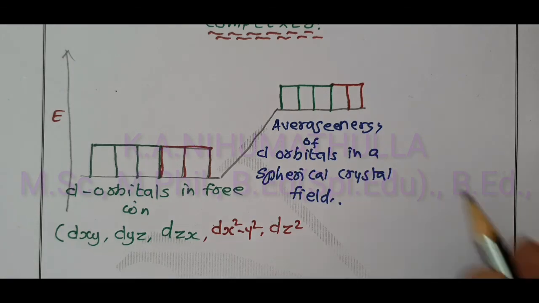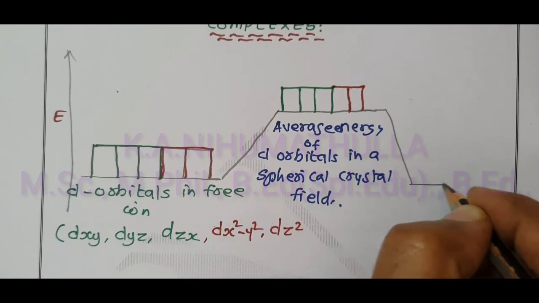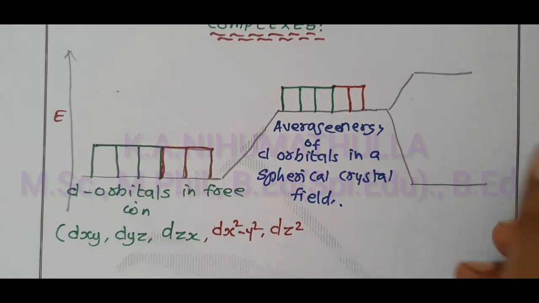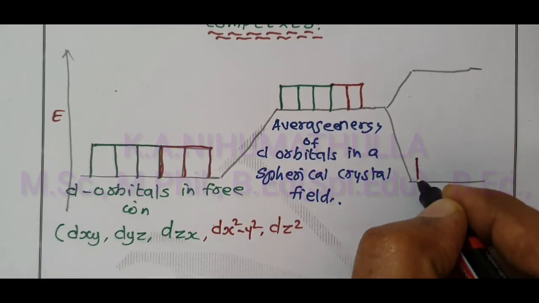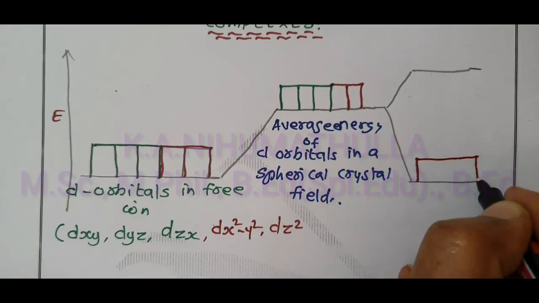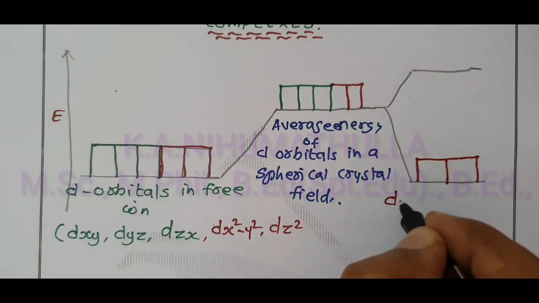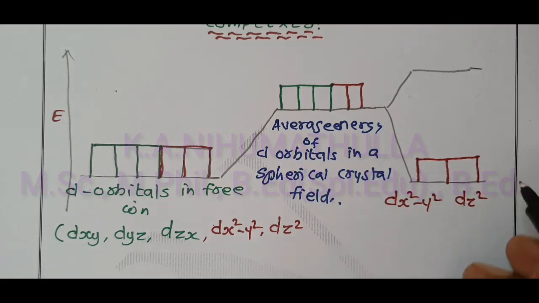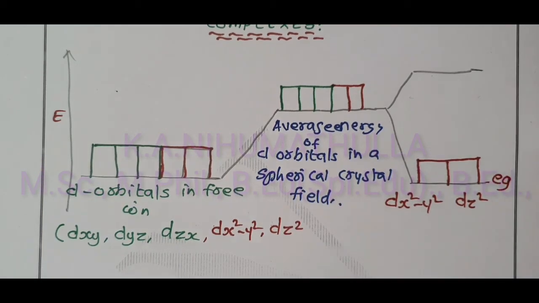Therefore, how does the splitting take place here? Splitting takes place in the reverse of octahedral complexes. That means dx squared minus y squared and dz squared have lower energy. These are dx squared minus y squared and dz squared having lower energy, and this level is called the doubly degenerate level.